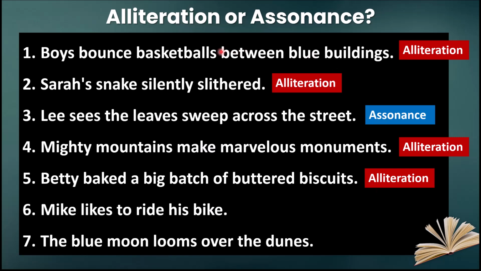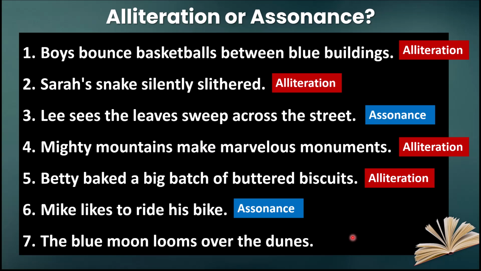In sentences 1, 2, and 4, every word begins with the same consonant sound. However, in number 5, a and of do not begin with the B sound, and this is still an example of alliteration.